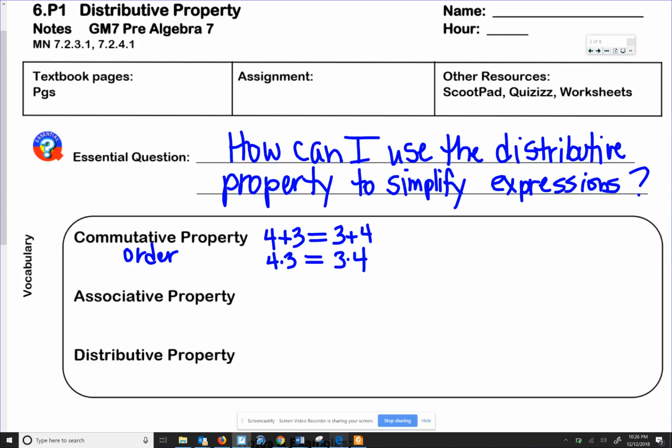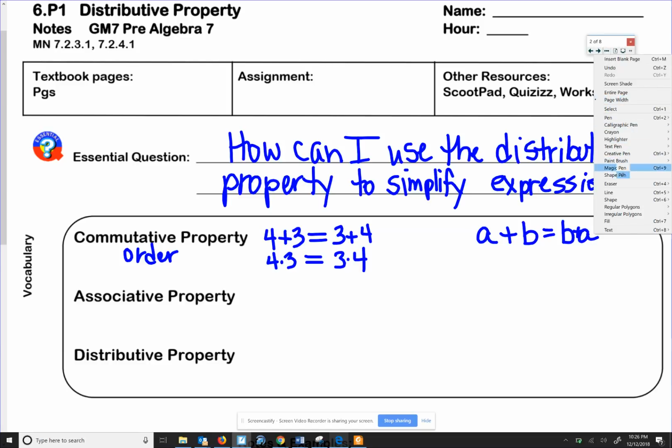And this becomes important because we are going to move terms around using this property in order to simplify things as we go on, okay? Algebraically, it looks like this. If I have some number A and I add another number that I'm representing by the variable B, it has the same value as if I started with B and added A. Oh, sorry, that got a little smooshed together there.